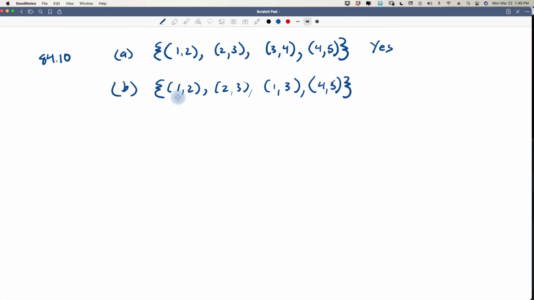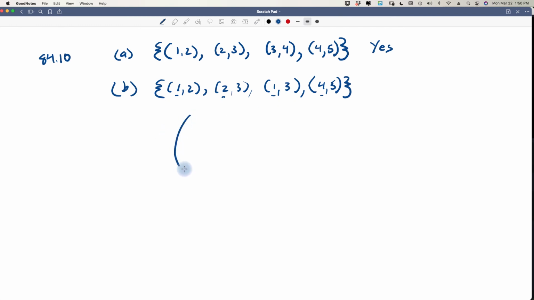Just looking at the x's here, we have 1, 2, 1 again, and 4. We have 1 twice, and in both instances it's matched with a different y. So this cannot be a function because we have 1 and 2 here, but we have 1 and 3 here.